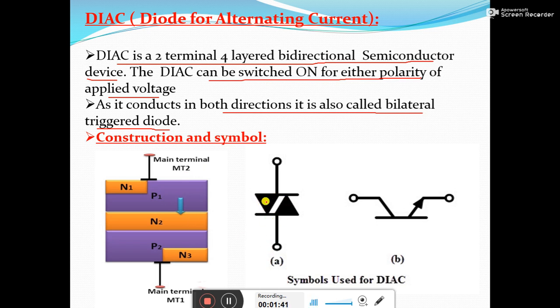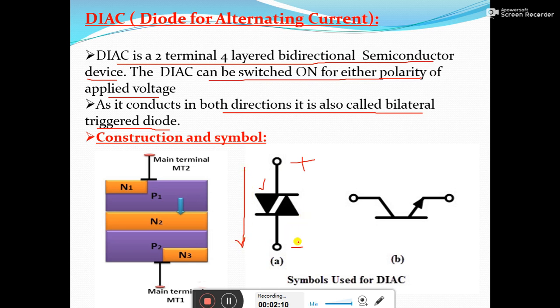This is the symbol of the diac. It looks like two PN junction diodes connected in opposite, anti-parallel fashion. If you make this terminal positive and this terminal negative, then this diode will be forward biased and current will flow from top end to bottom end.